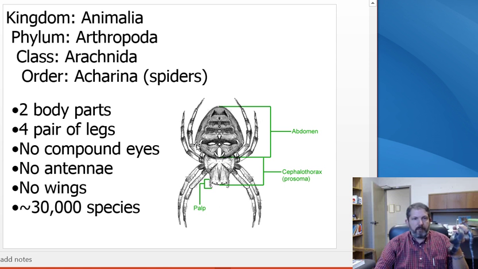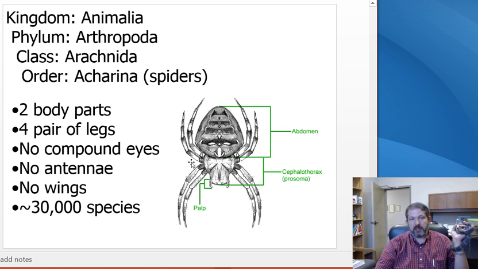She's nice too, but spiders don't have a head, thorax, and abdomen. The head and thorax are fused into one thing, so we call it the cephalothorax. Cephalo is referring to the head, so head and thorax combined is a cephalothorax, or a prosoma. And instead of 3 pairs of legs, they have 4 pairs of legs.